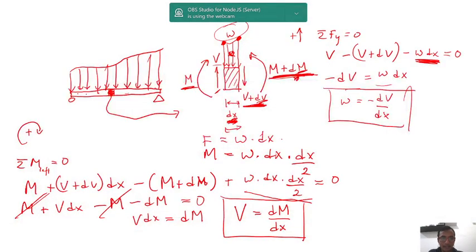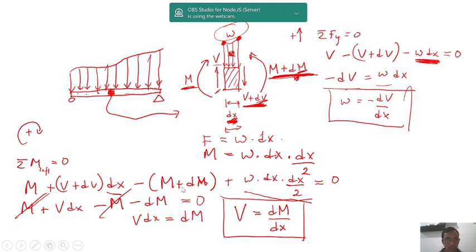So the moment to the left side, due to v plus dv, we will multiply it by dx because the distance between the left side and the right side will be dx. So v plus dv multiplied by dx.